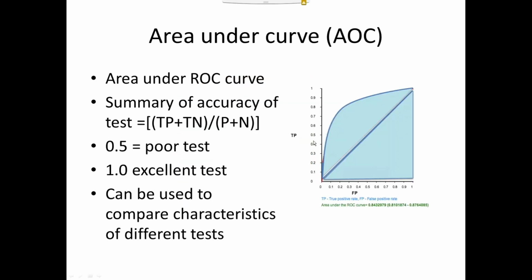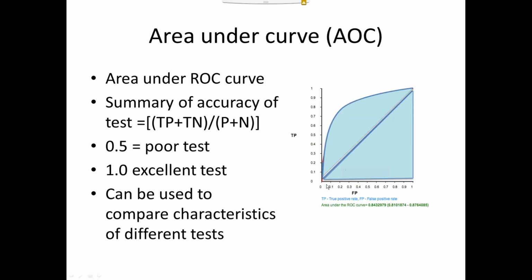So, how do you report the results of a ROC curve? You can calculate a summary statistic called area under the curve, or AUC, which is basically a summary of the accuracy of the test, which is true positives and true negatives over total positives and negatives.